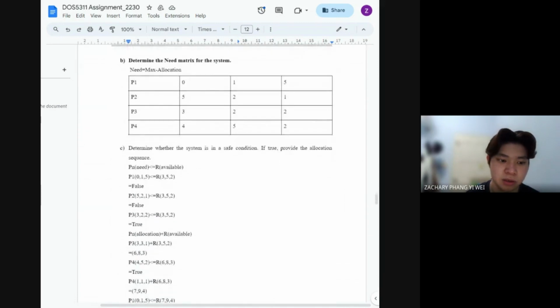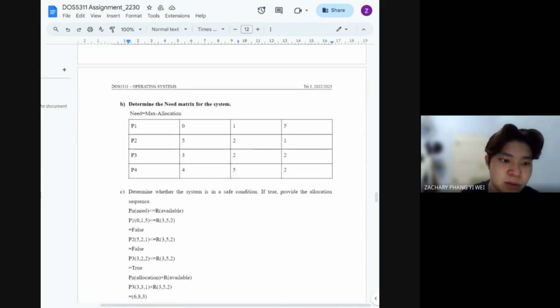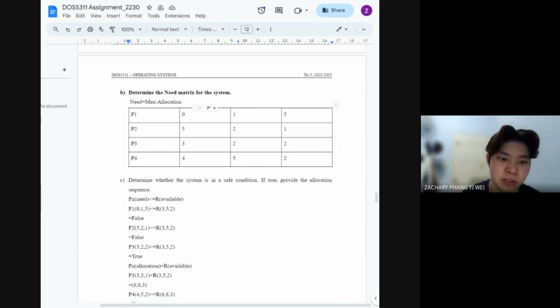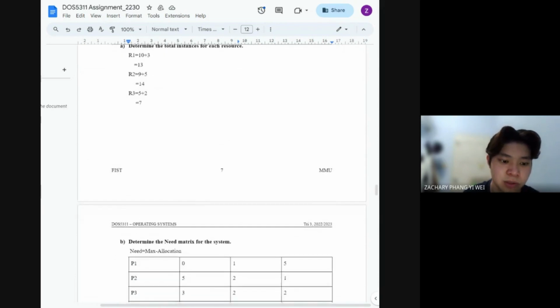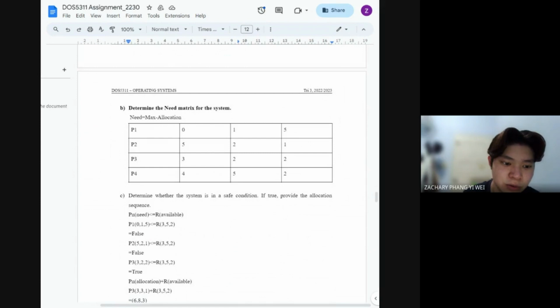And for part C, to find whether the system is in a safe condition or not, it should provide the allocation sequence. So you have to find out whether the available is larger than the need or not. From this table, you write down P1, 015, and the available here is 352. 352: 2 is not larger than 5, so it's false.